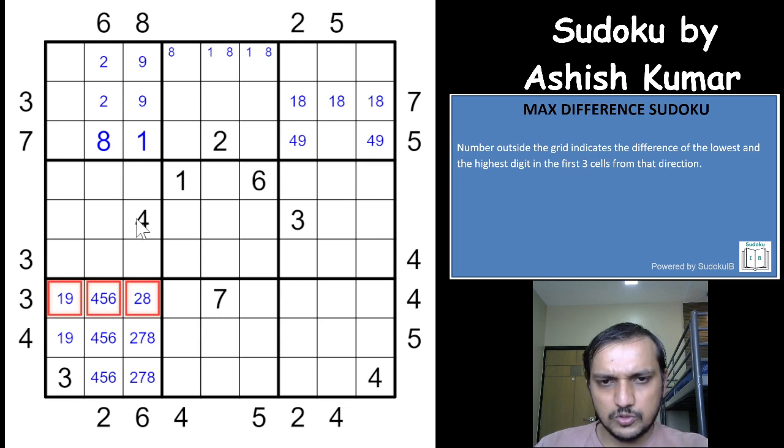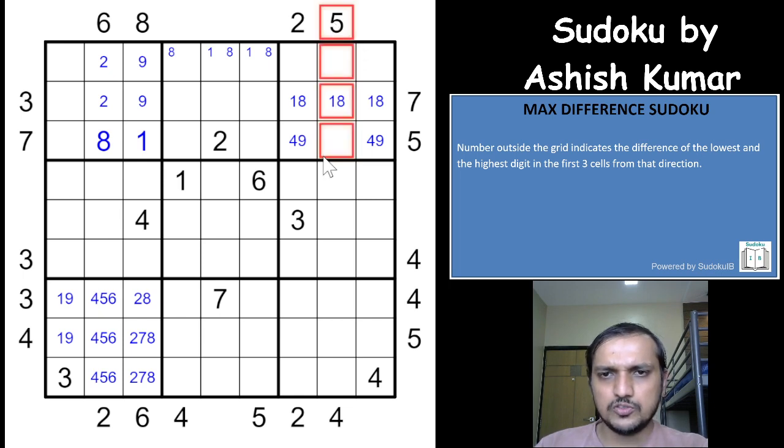Okay, anything is possible. Eight would give you a 3. So the only possibilities here are 1 6, 2 7, 3 8 and 4 9.